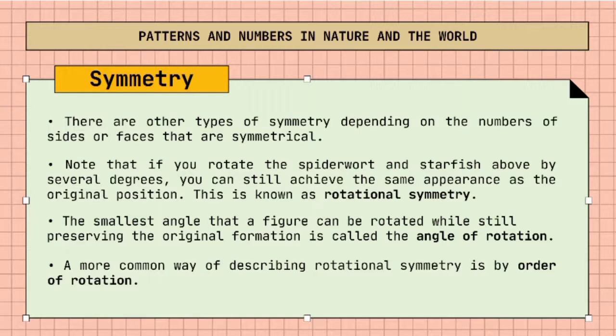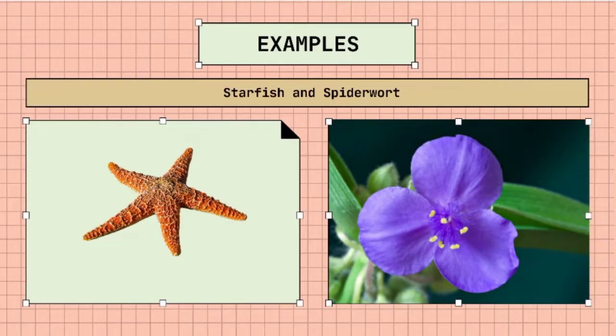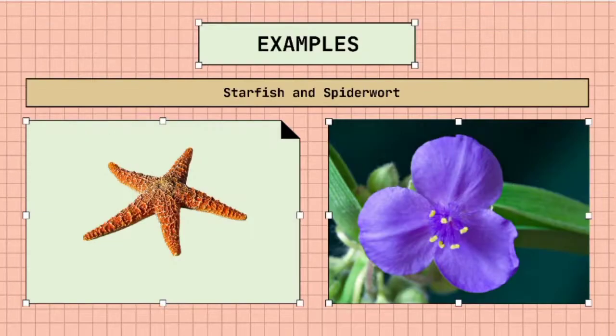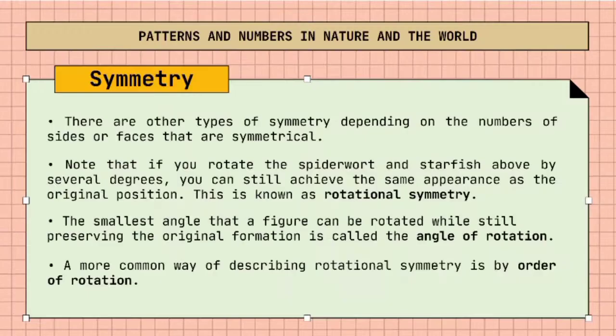The smallest angle that a figure can be rotated while still preserving the original formation is called the angle of rotation. So, ito yung starfish and spiderwort. Makikita natin na pag ni-rotate natin siya, symmetry pa rin.